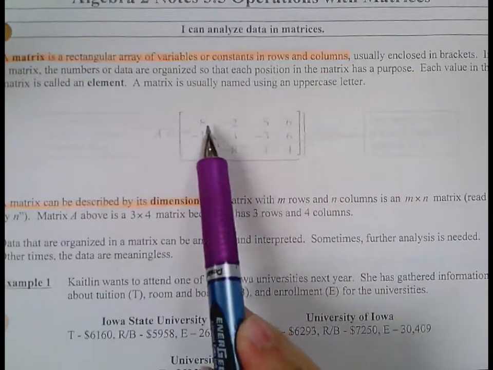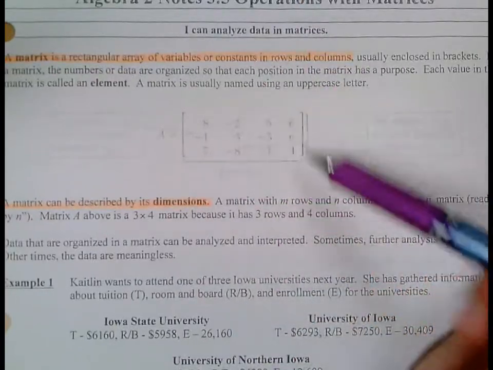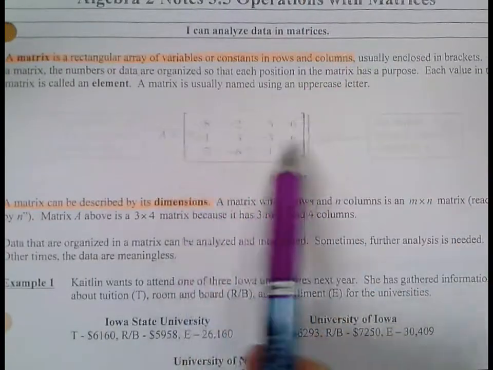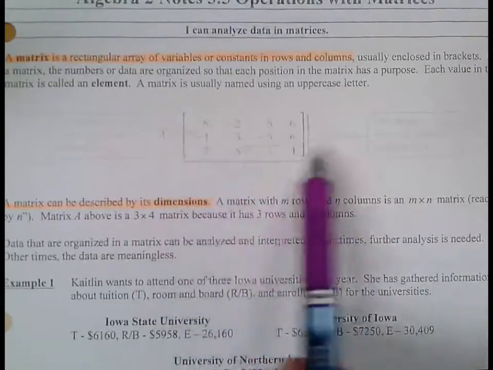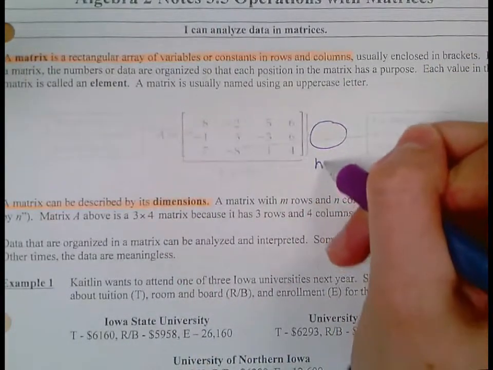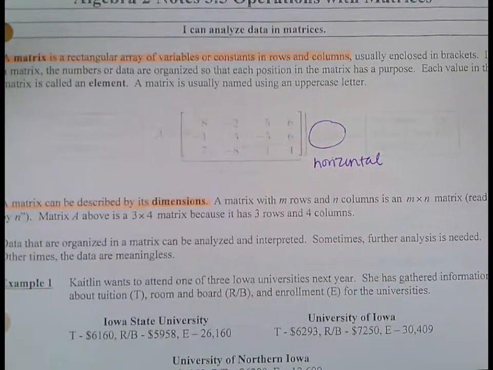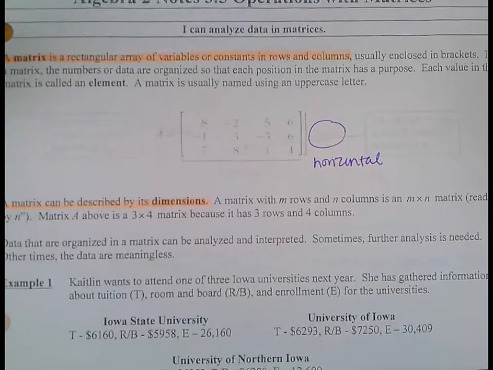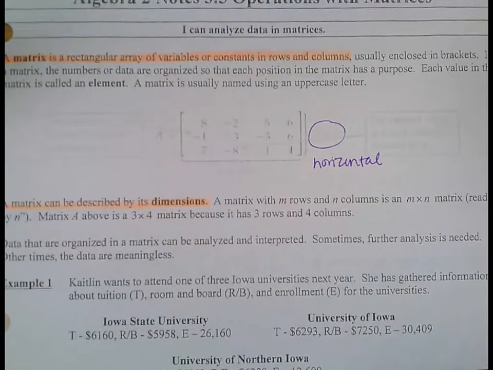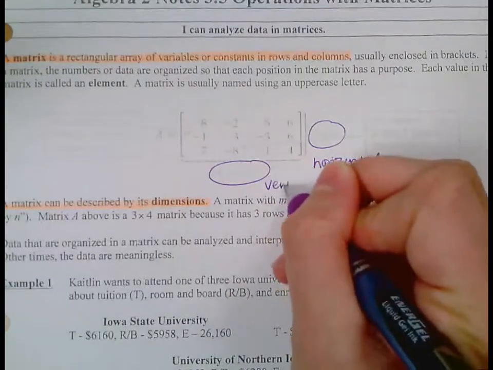You're looking at the number of rows in a matrix and the number of columns in a matrix. The rows are the horizontals in a matrix. So in this matrix A, there's 3 rows. Those are the horizontal arrangements there. And then the columns are the vertical arrangements. So there's 4 columns in this matrix A.